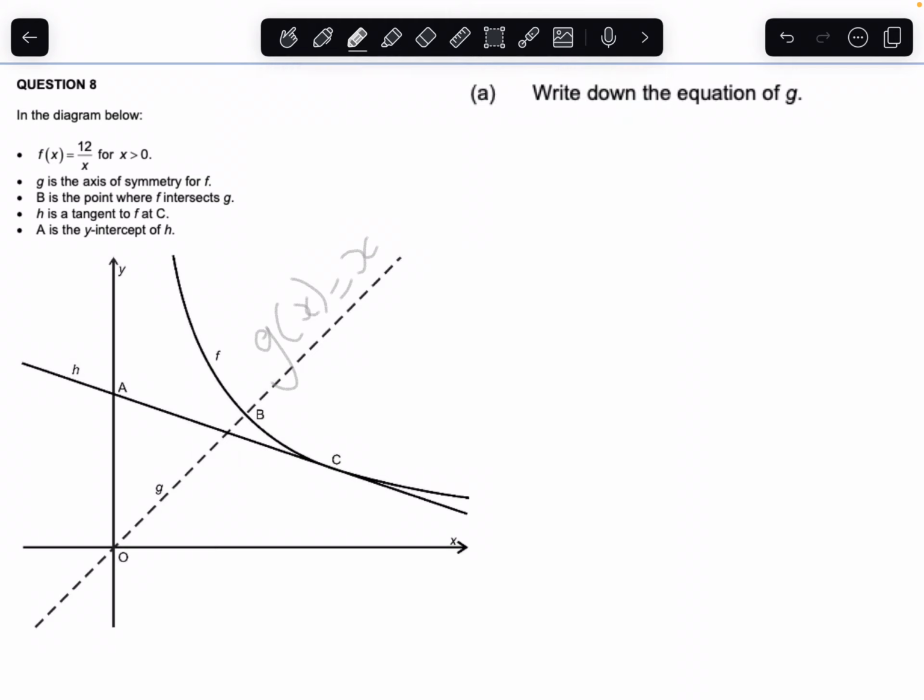Let's see what we need to do first. Write down the equation of G. Easy mark. We've already spoken about why that is: G of x is equal to x.